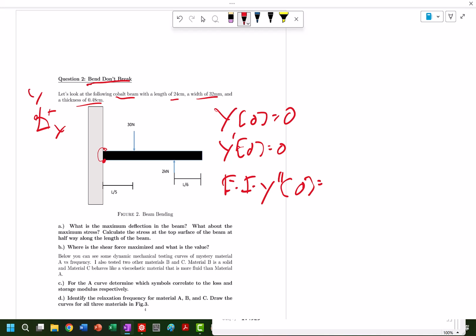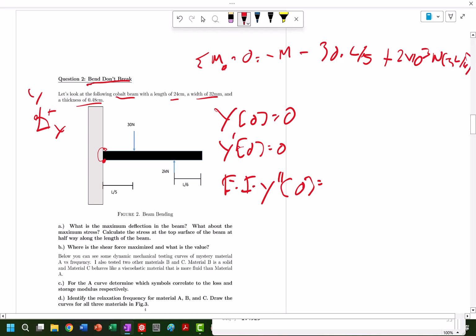The sum of the moments at 0, my origin, must be equal to 0, and it will actually be a minus, equals minus M. That just means it'll be minus 30 newtons times L over 5 plus 2 times 10 to the 3 newtons times 5L over 6.